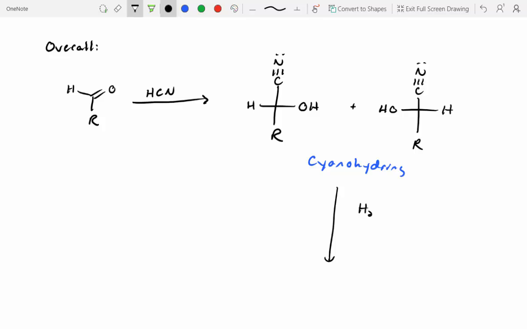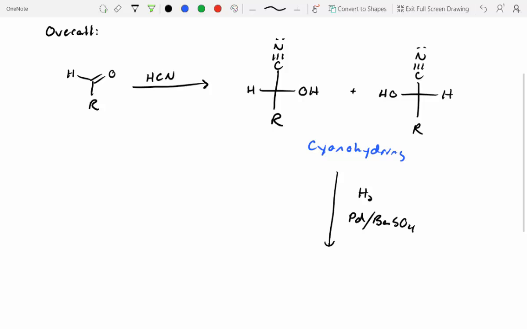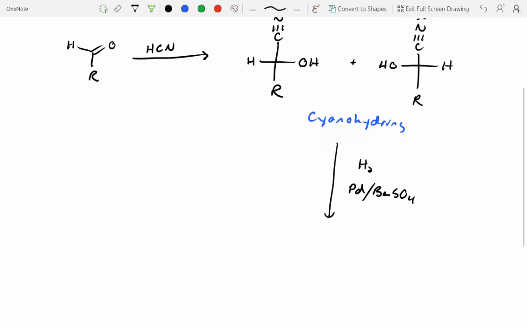So we're going to take a special poison catalyst. And if you remember back to when we were reducing alkynes or triple bonds, a poison catalyst won't reduce it all the way to a single bond. It stops at the double bond. So we're going to reduce that nitrile.